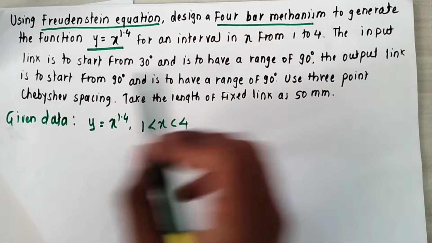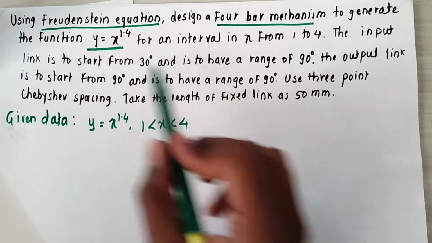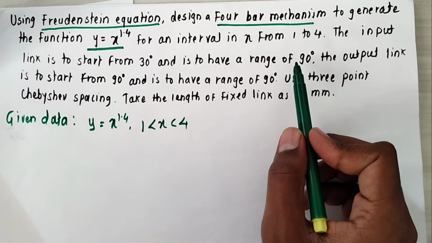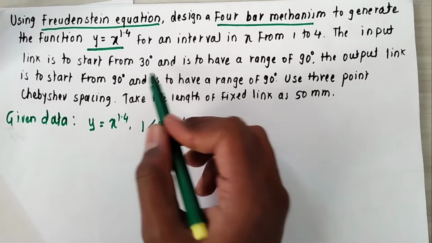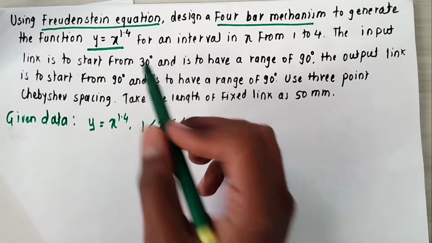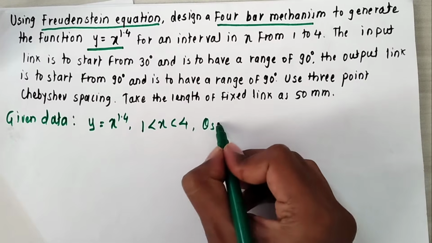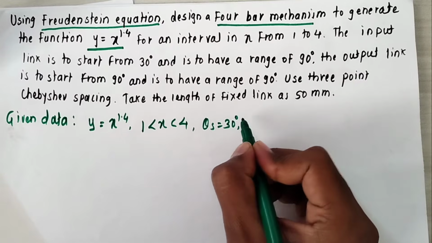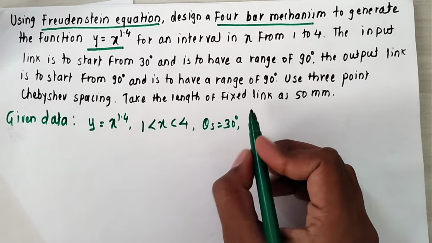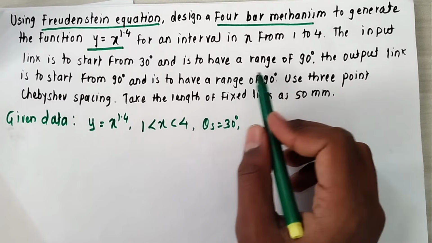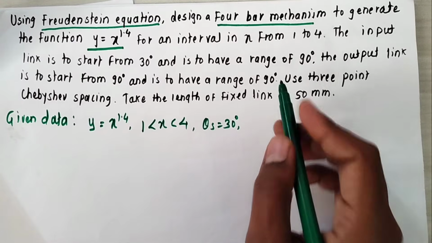The input link is to start from 30 degree and is to have a range of 90 degree. So the input angle is theta, and the starting position is 30 degree. So theta s is equal to 30 degree, and its range, delta theta, is also given, having a range of 90 degree.